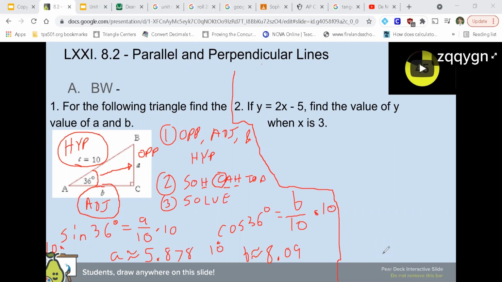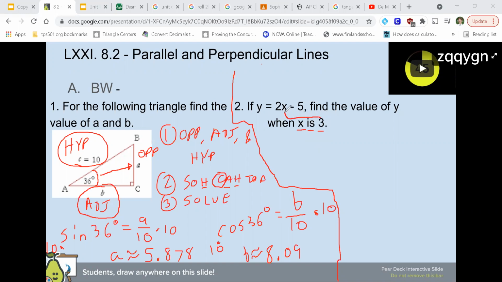All right, number two, if y is equal to 2x minus 5, what is the value of y when x is 3? Anybody have an idea of how I can do this? What do you think I should do with that 3?